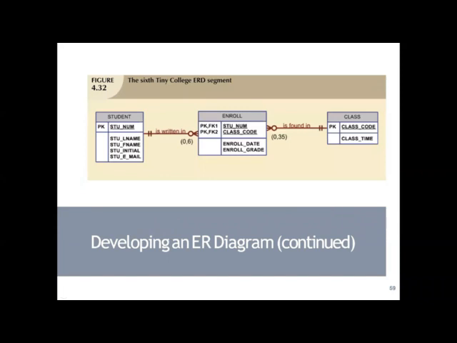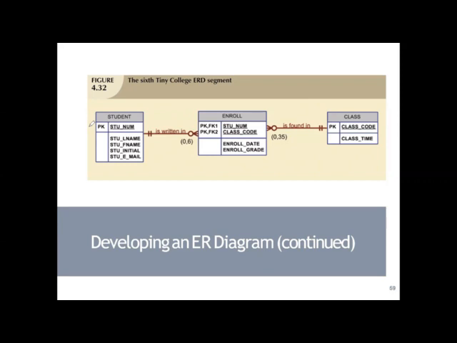The sixth Tiny College ERD segment. In this slide, we can see three tables: the student table, the enroll table, and the class table. The student table has student number as primary key. The enroll table has the primary key from another table, student number, and the foreign key class code.